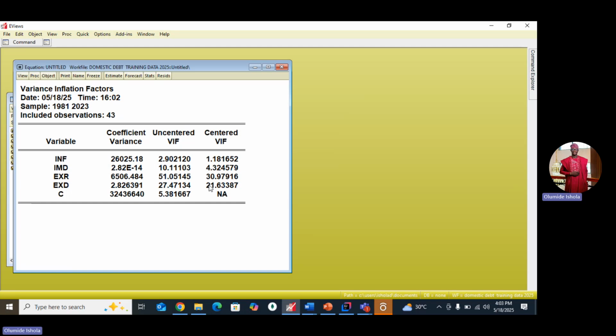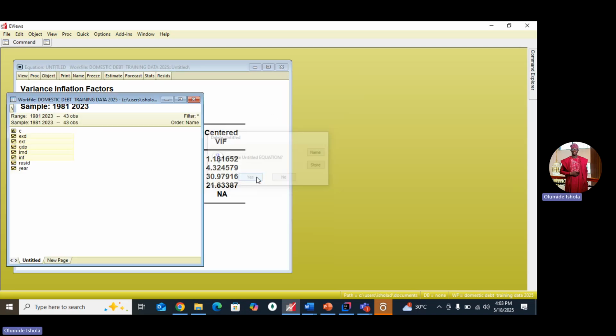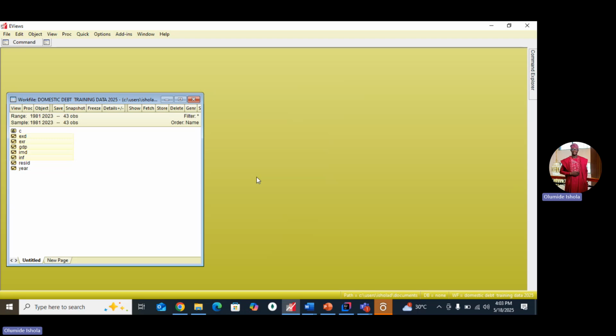From here, you will be able to adjust your variables. You can say, okay, this is happening. Let me log GDP, log import demand, log exchange rate, external debt, and continue, because inflation is already in great shape.